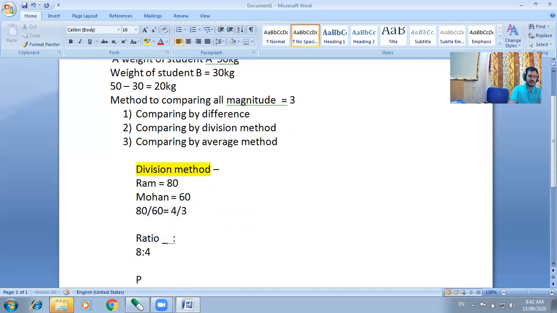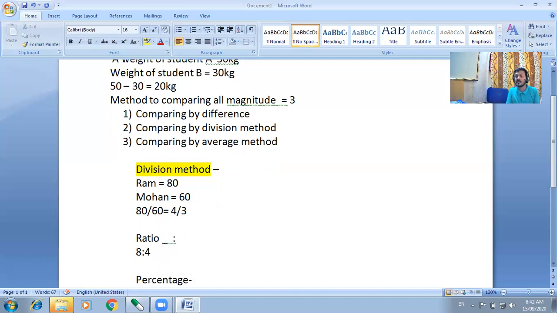What is the meaning of percentage? Percentage means comparing per 100. Any score or marks are less than or greater than 100, but by how much? Suppose a person Mohan's score is 80 percentage. It is less than 100, but by how much?